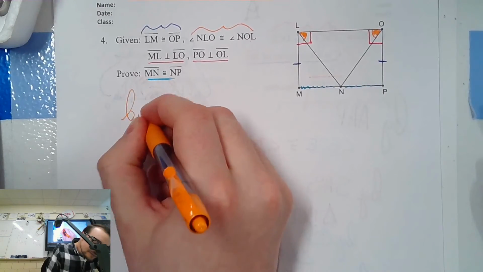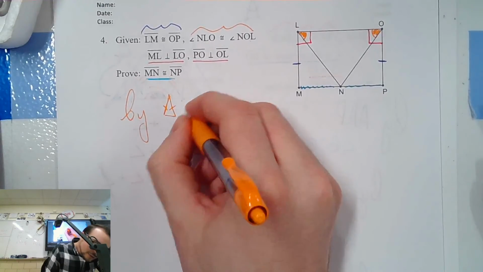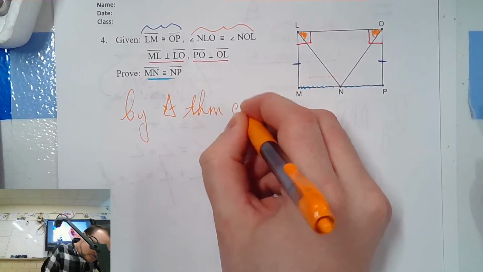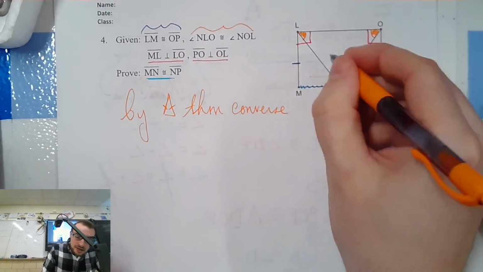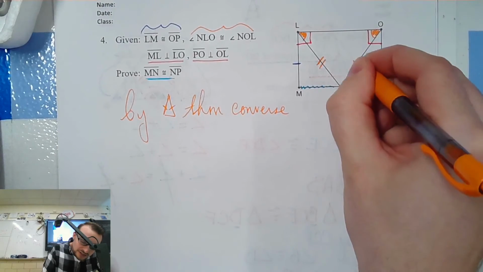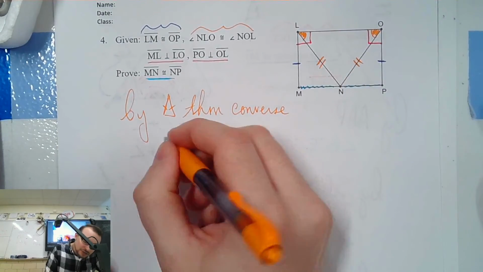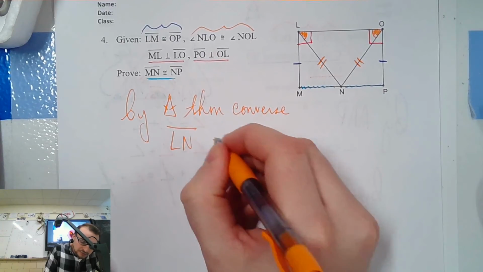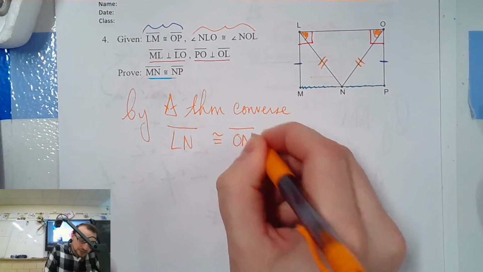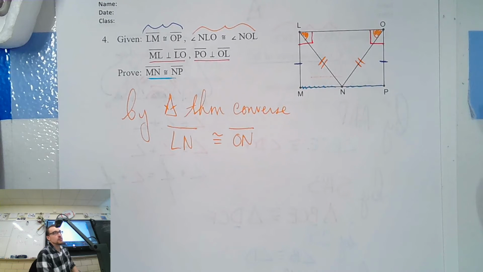So by isosceles triangle theorem converse, we know that this side and this side are the same. Names of those sides are LN and NO, or ON, I should say. Again, I try to match up the letters as best as possible. If N is second, it should be second for both.